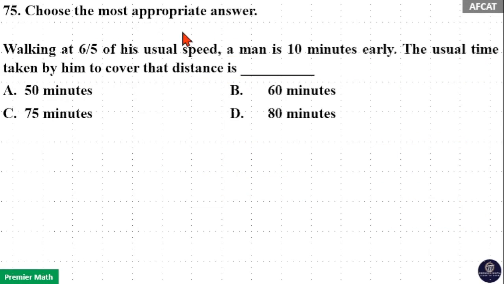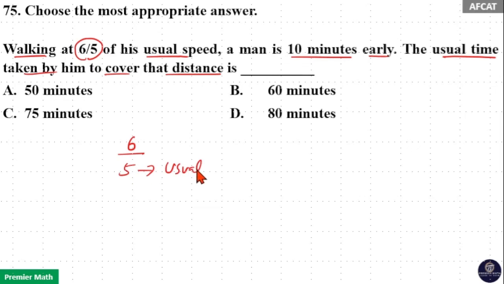Choose the most appropriate answer. Walking at 6 by 5 of his usual speed, a man is 10 minutes early. The usual time taken by him to cover that distance is. Here speed ratio is 6 by 5, which means 5 part is the usual speed and 6 part is the current speed. Now, when you're traveling at usual speed and at current speed, the distance is constant.